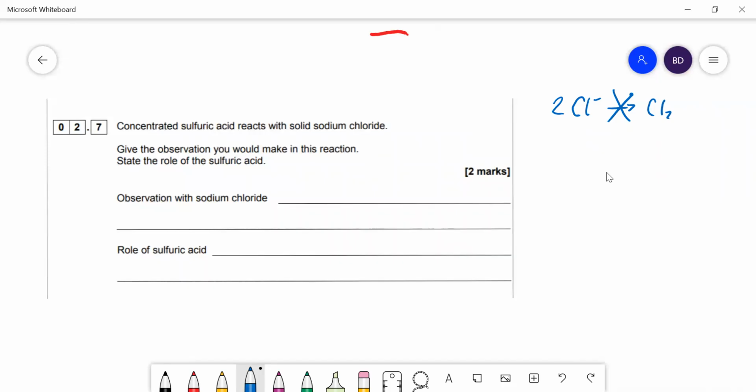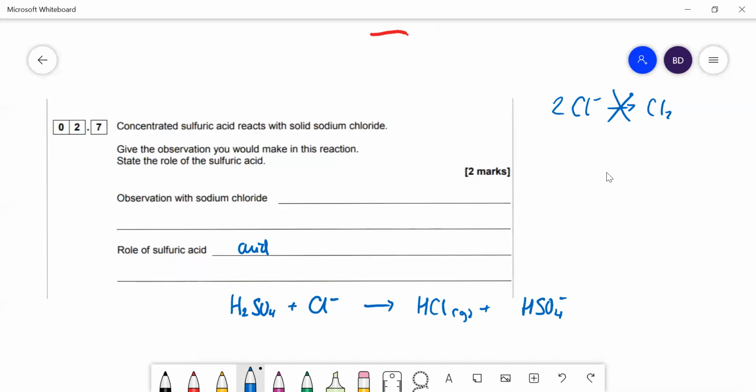All that happens there with sodium chloride is you get an acid-base reaction. It doesn't ask for the equation, but all that's going to happen is H2SO4 gives a proton to the Cl minus, forms HCl gas, and you will get the hydrogen sulfate ion formed as well. The sulfuric acid has acted as an acid there because it's given away a proton.